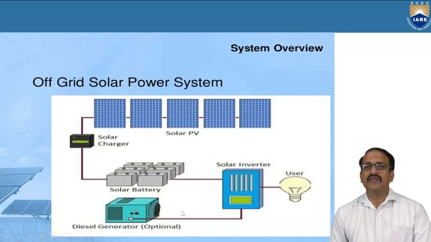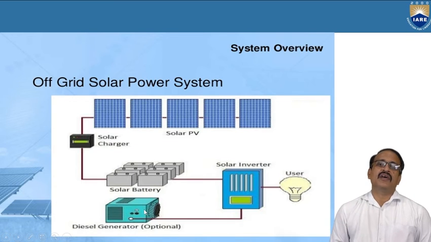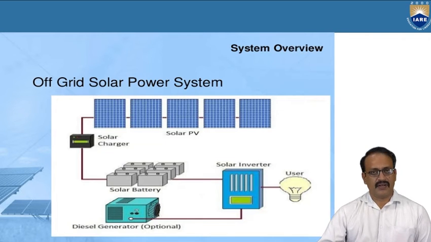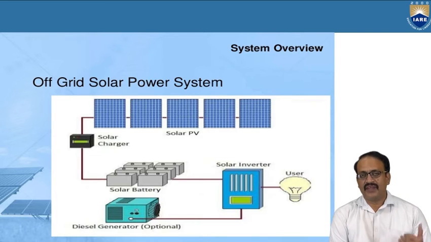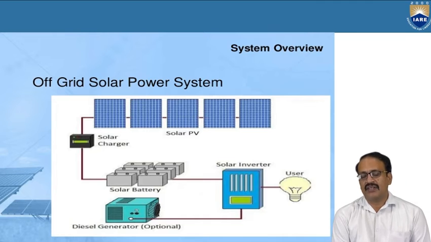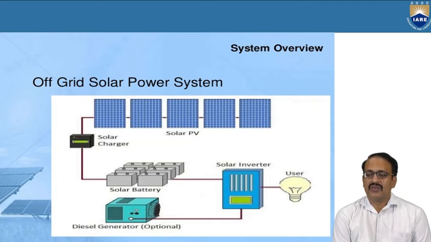Because it is an off-grid solar power system, generally we will be planning for a lesser amount of power generation. Sometimes if it is cloudy and the sun is not that bright, a small power shortage will be there.